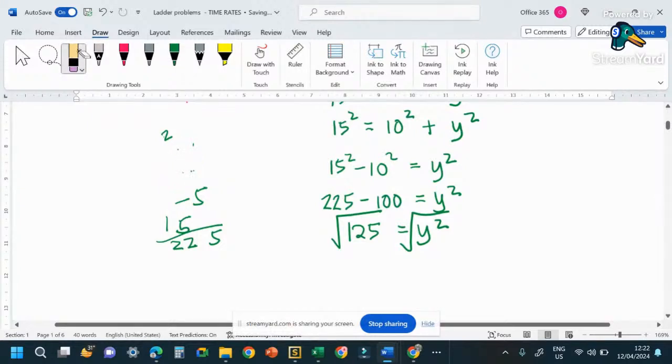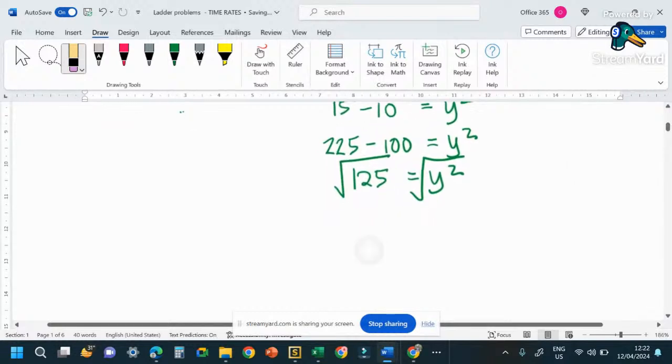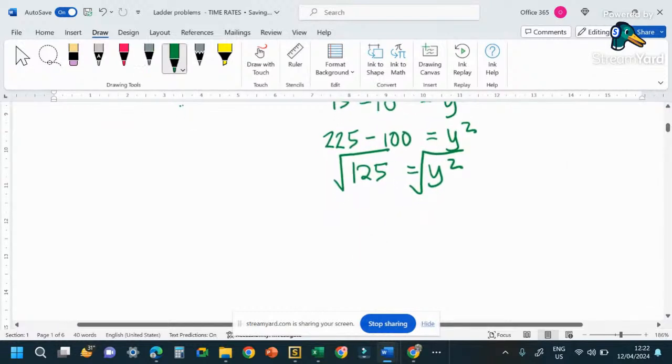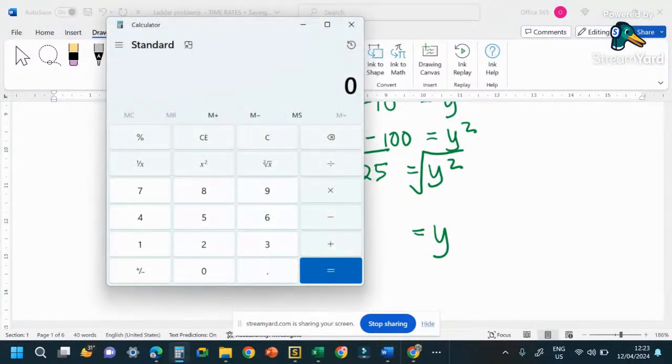Let me just rub this off so we will have a cleaner place to write our workings. Then the square root of y squared is just y, and the square root of 125, if we take it from the calculator, is 11.180.